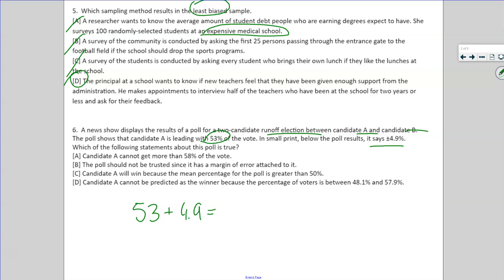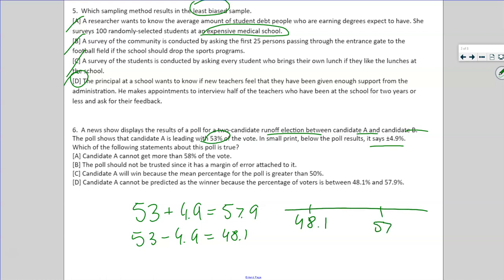If we added, this is going to give us 57.9, and if we subtracted 4.9, we get 48.1. Okay, so now my range is between 48.1 and 57.9. So if I'm looking at my answers, candidate A cannot get more than 58% of the vote. Well, this is my range of the estimates of the prediction.